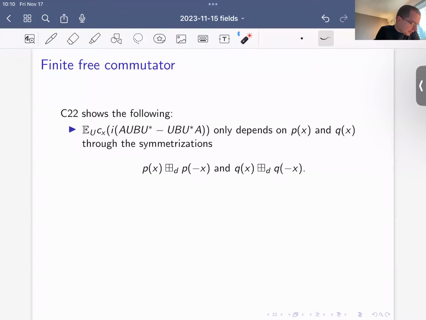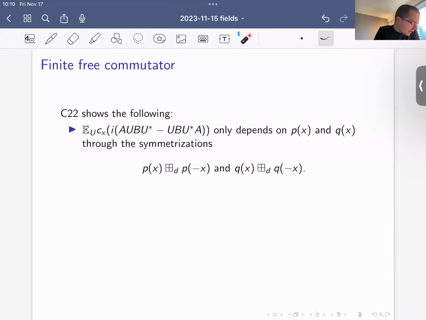And here, I'm also using it so that this characteristic polynomial, for each fixed U, is real rooted. I'll explain why that's relevant in a little bit.